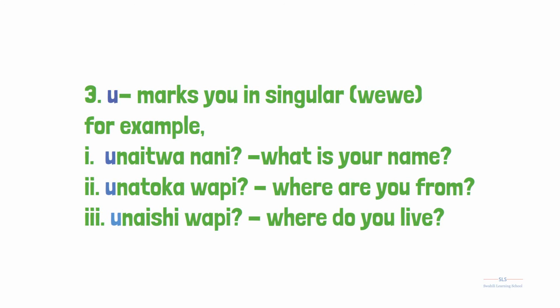Where are you from? So u marks you as a subject, which means wewe, in a Swahili sentence. And this is attached to a verb. So u takes us back to the subject, wewe.